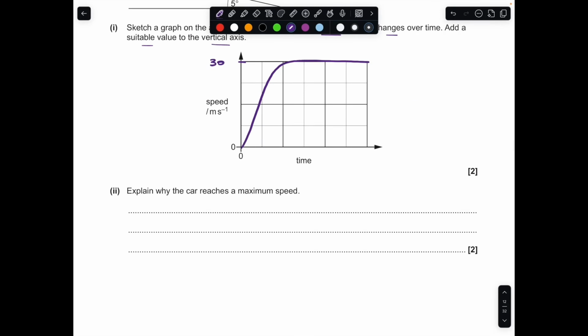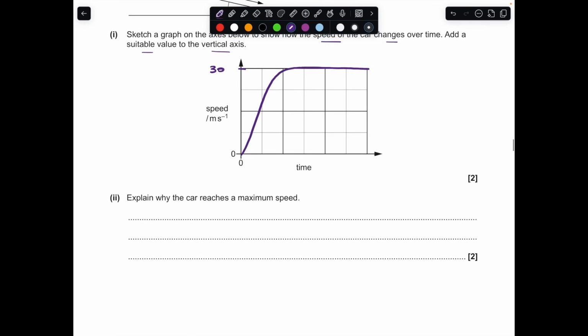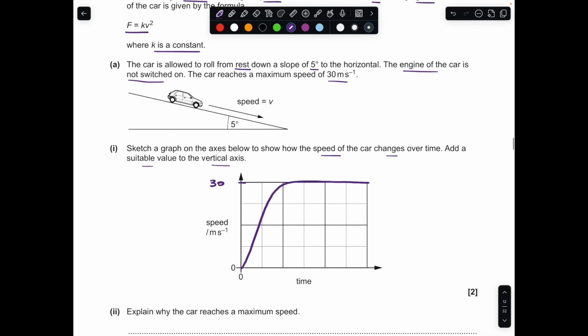For part II, explain why the car reaches a maximum speed. That's because the faster it goes, the higher will be the resistive force. The resistive force is acting in the opposite direction to one of the components of the weight.